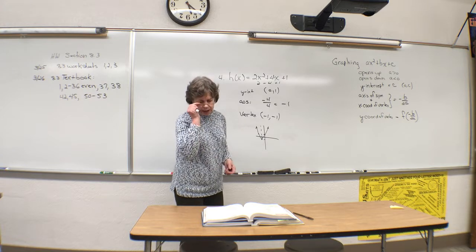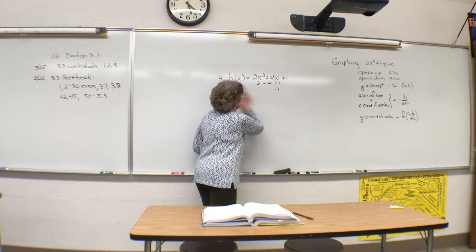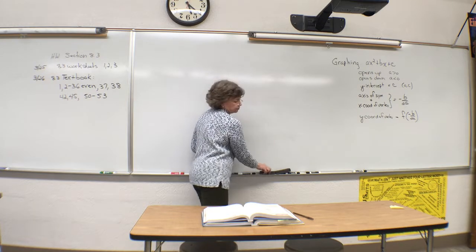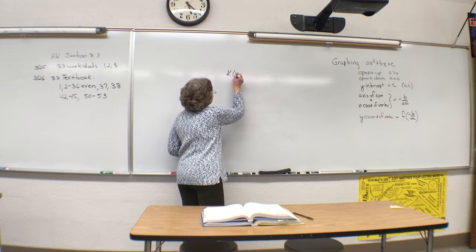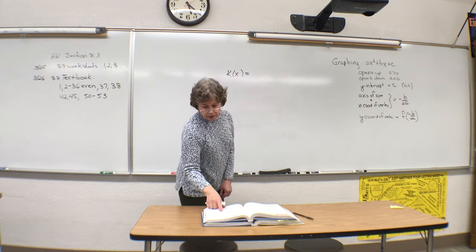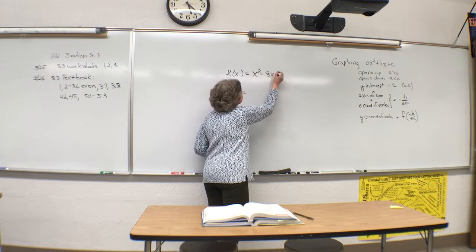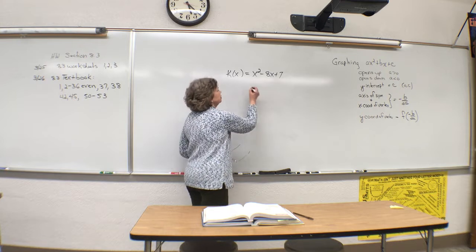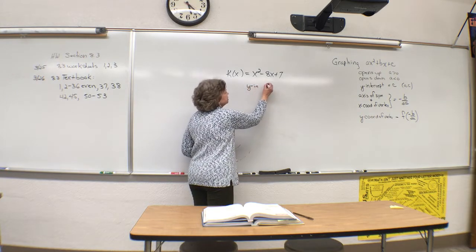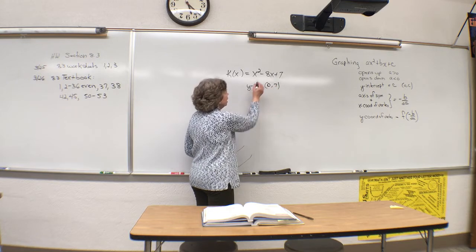Look at the next one, which is number 5, where k of x equals x squared minus 8x plus 7. Again, we are graphing, so the y-intercept is positive 7, so 0, 7, I have a point.